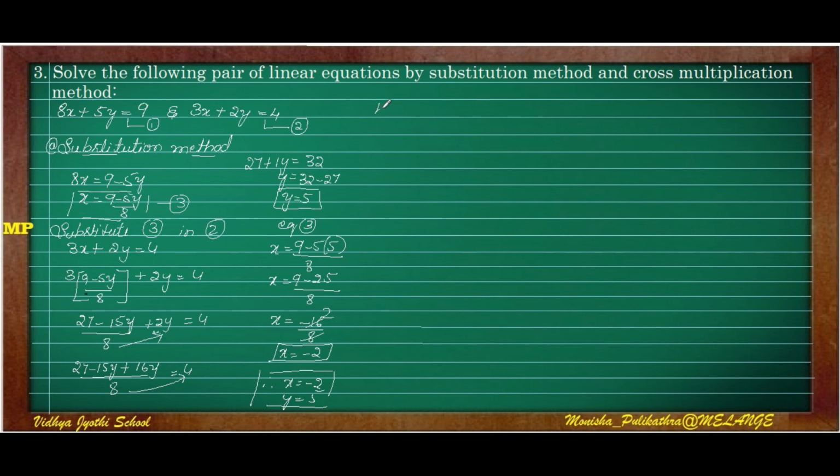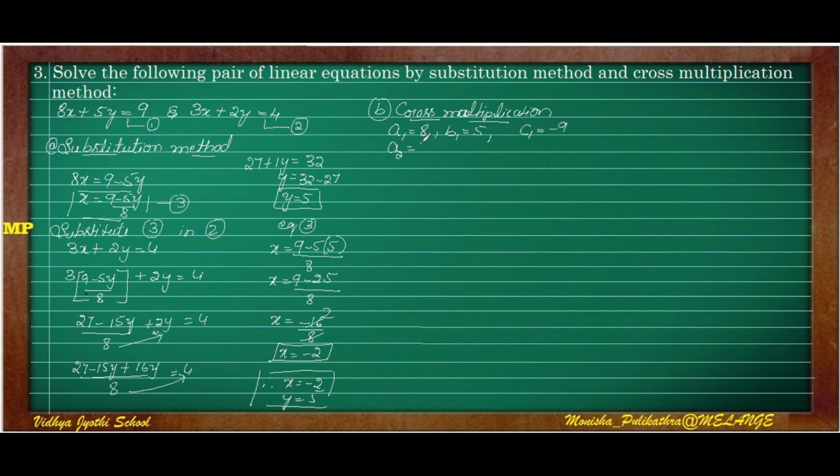The second method which I am going to follow is cross multiplication. First I need to identify a1, a2, b1, b2 and so on. Here a1 is 8, b1 is 5, and for c1 I need to shift 9 to this side, so it becomes minus 9.